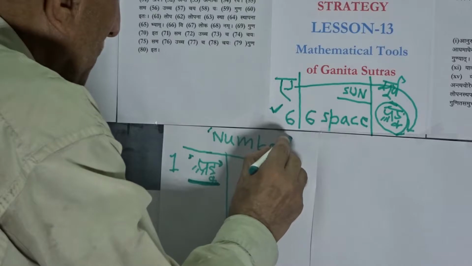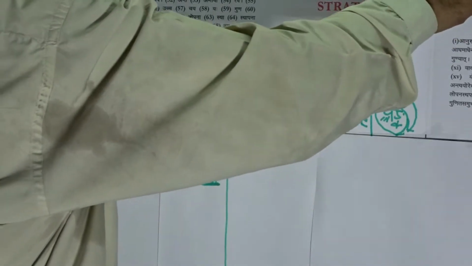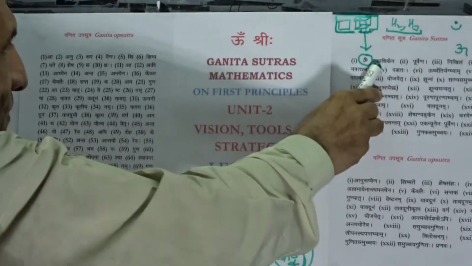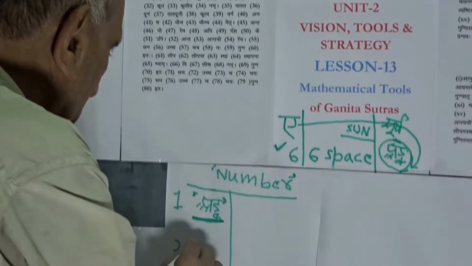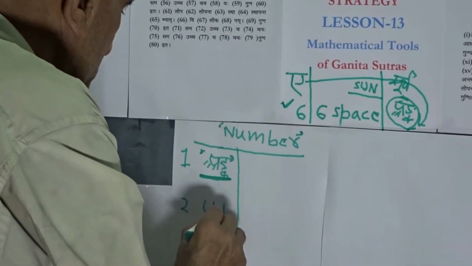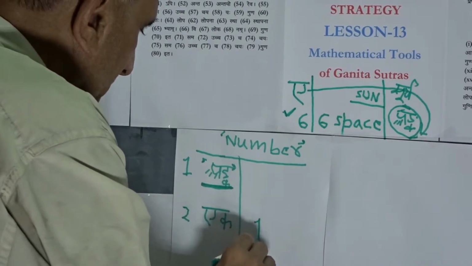And further we will notice that Ekadhikain, here Ek is the formulation, and this formulation has a simple rendering, meaning 1.